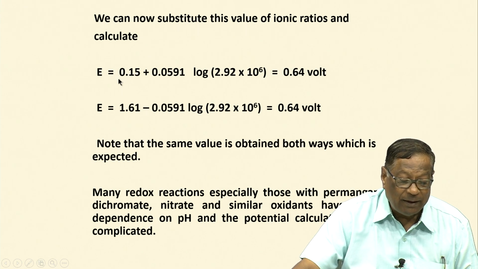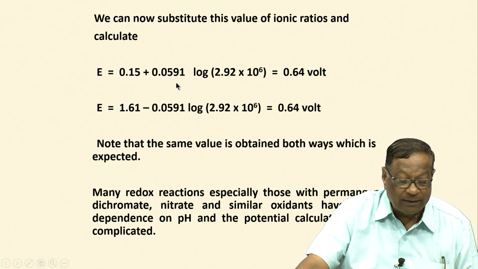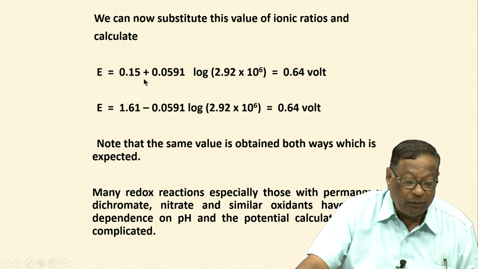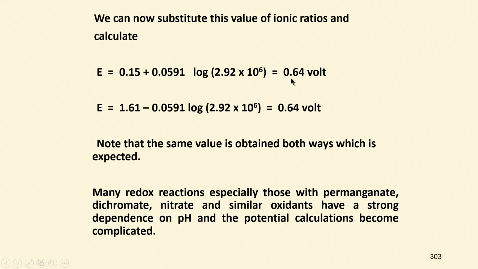and calculate E equal to 0.15, that is stannic-stannous, and 0.0591, this is ceric-cerous. So, 0.15 and 0.0591 log of 2.92 into 10 raised to 6, that works out to 0.64.